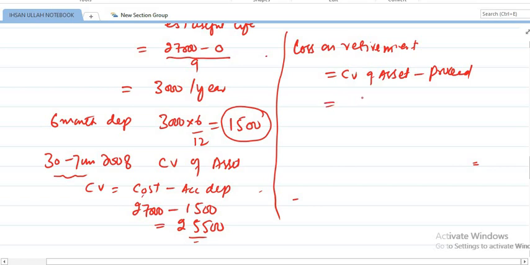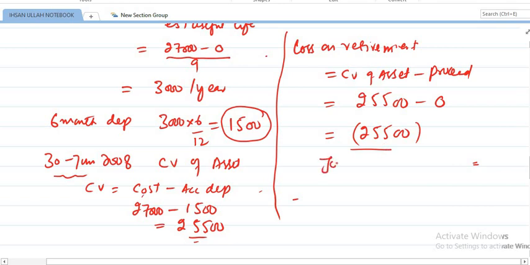The carrying value we have calculated as 25,500 and the proceeds were 0. So as a result we will have this amount as the loss. This is the loss which is the requirement.